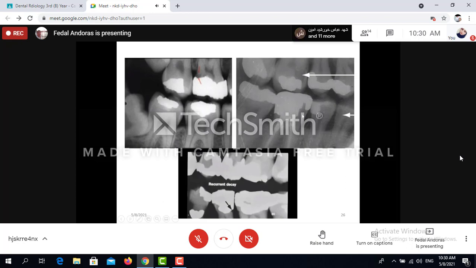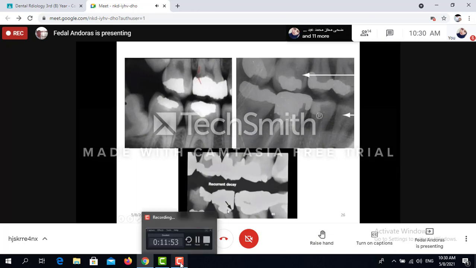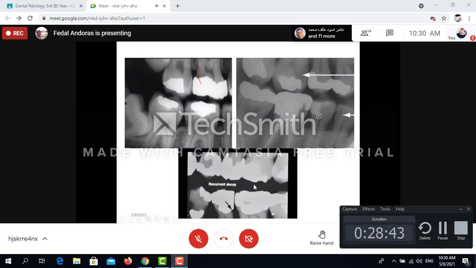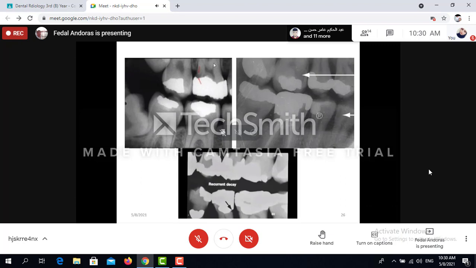Anyhow, this radiolucency and this radiolucency beneath the restoration, this one and this one, all are recurrent or secondary caries. Okay? Any radiolucency beneath a pre-existing restoration is called secondary or recurrent caries.